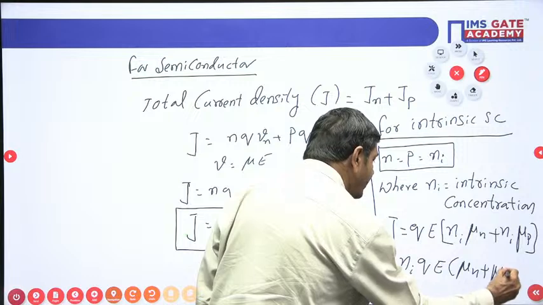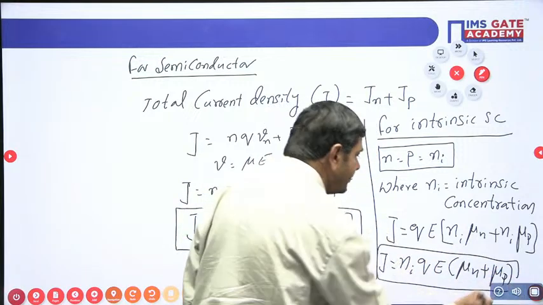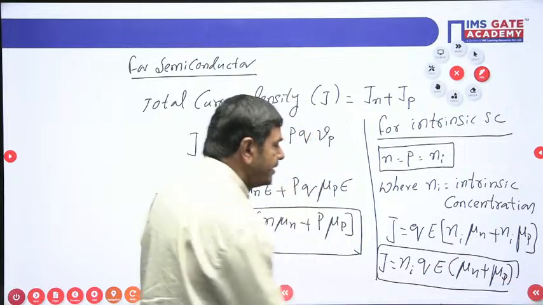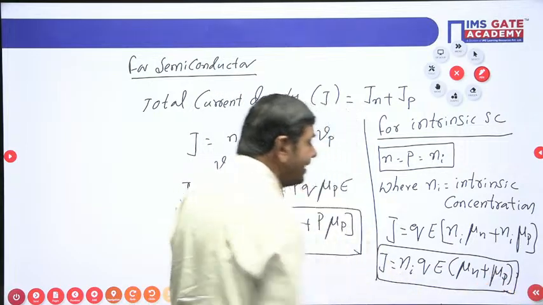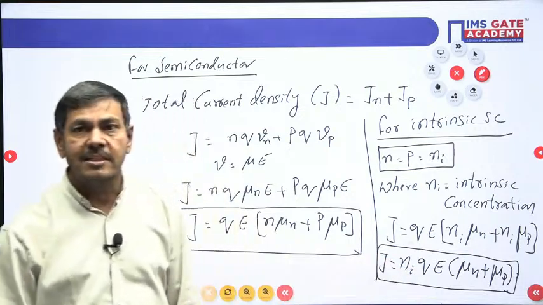So this formula you can use to find the current density in an intrinsic semiconductor. For an intrinsic semiconductor, you can use this formula.